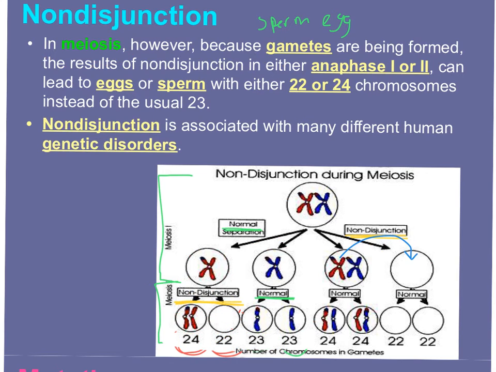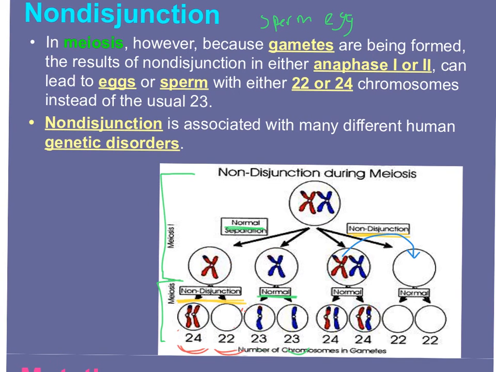So depending on whether the error happens in anaphase 1 or anaphase 2, you're going to see different results. And of course, here we're talking specifically about non-disjunction because that's when the splitting up of chromosomes doesn't work properly. And non-disjunction of chromosomes is going to cause genetic disorders when it happens in meiosis.